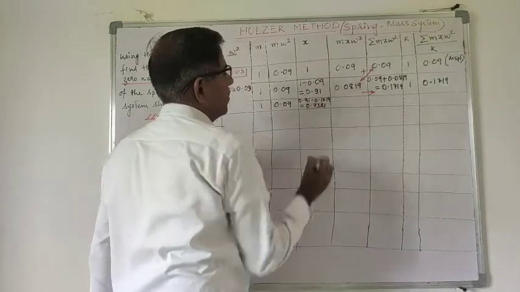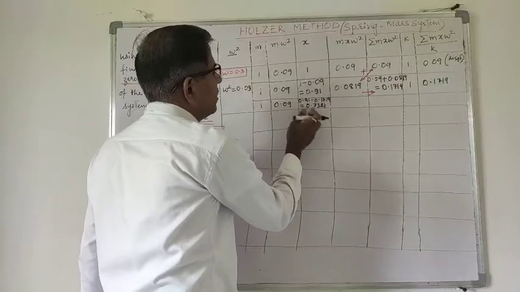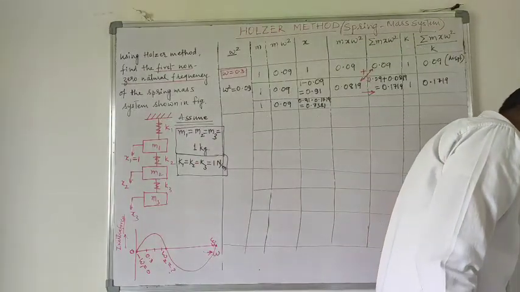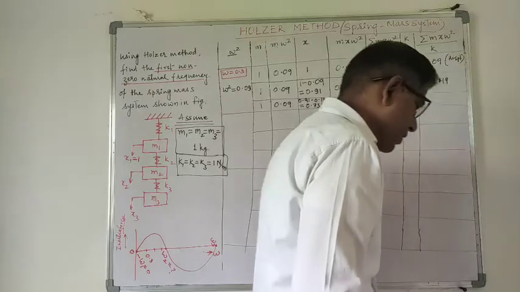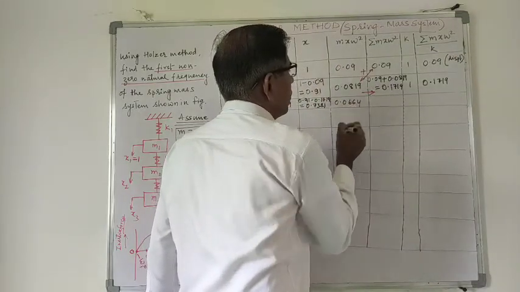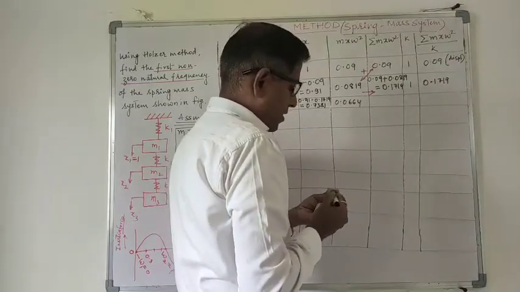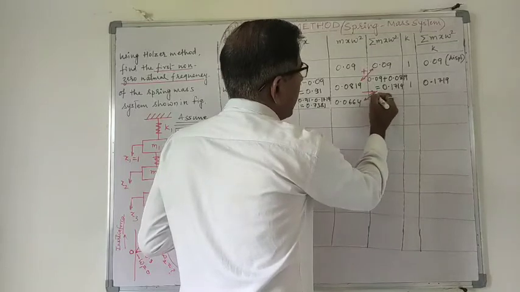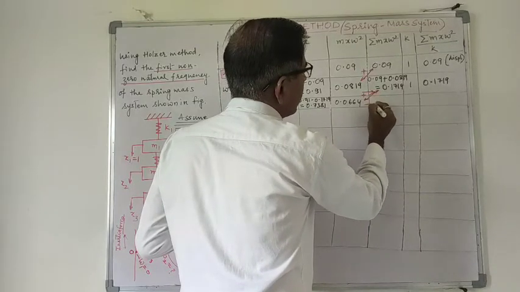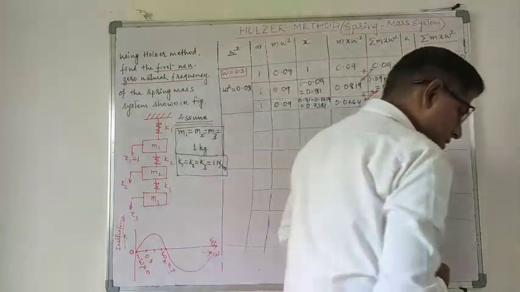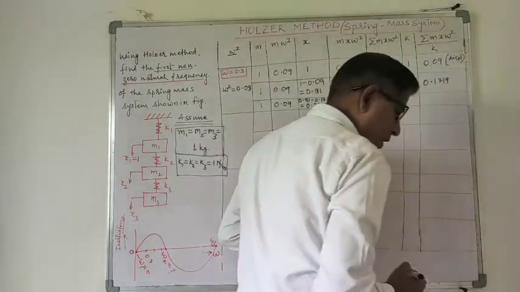Now if you multiply it, the answer is 0.0664. And now in the sum, add these two values together and write down in this place, so the answer is 0.2389.